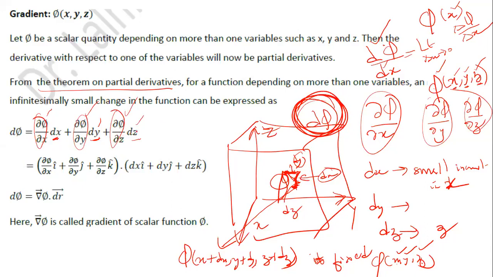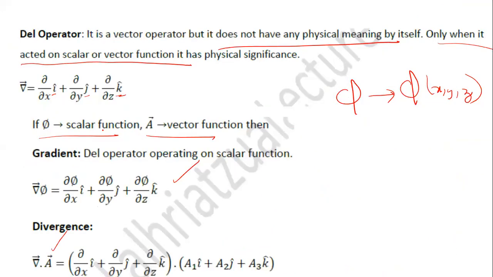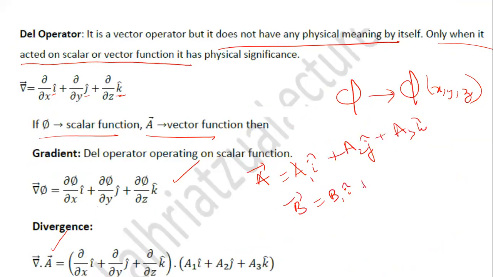If you employ vector calculations, for example, let me go back here. Let's say your vector is a1i plus a2j plus a3k. Let's say another vector is b1i plus b2j plus b3k.